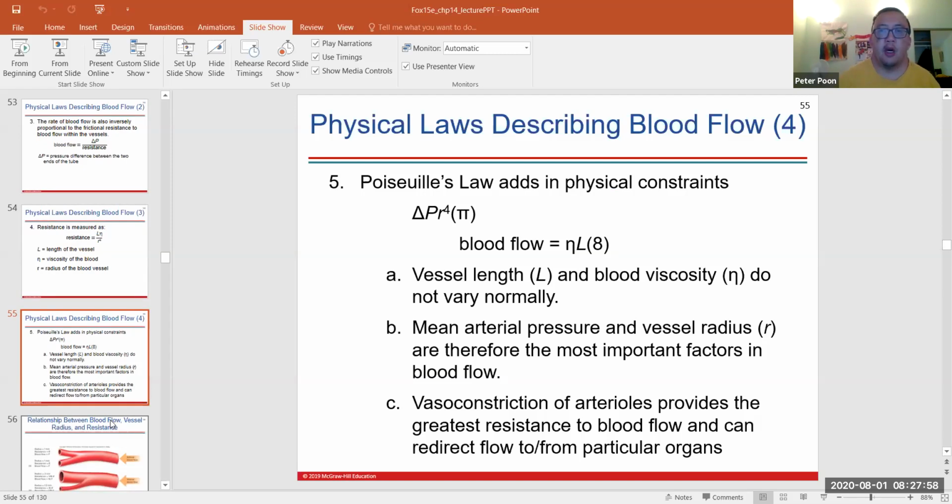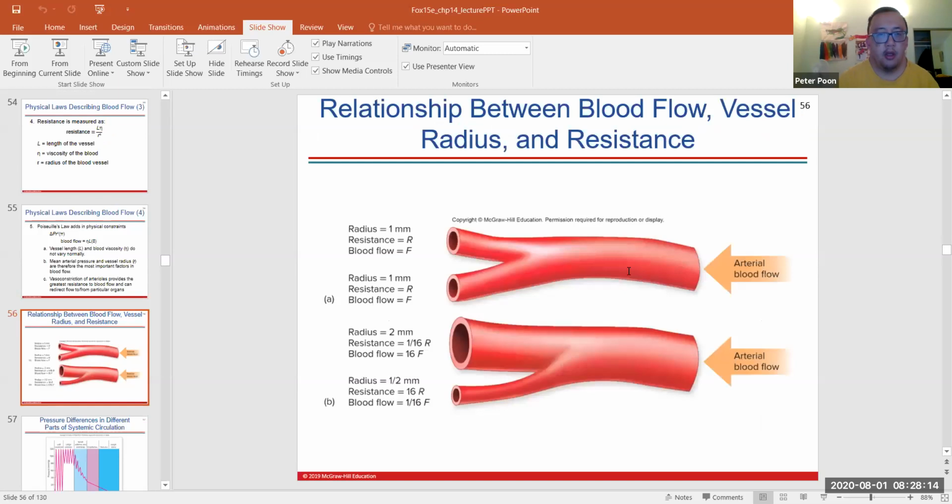So Newton's law as a physical constraint, so change blood pressure, r to the fourth. Blood flow equals pressure difference over resistance. So there you go. Here's the difference between the two. You can see the differences here.